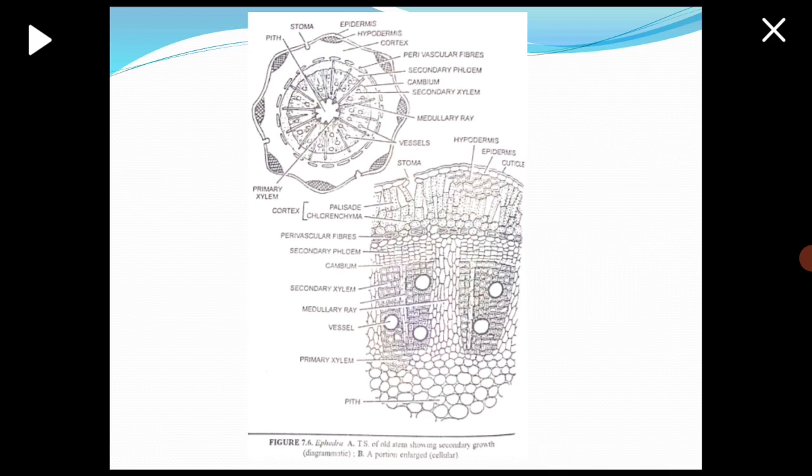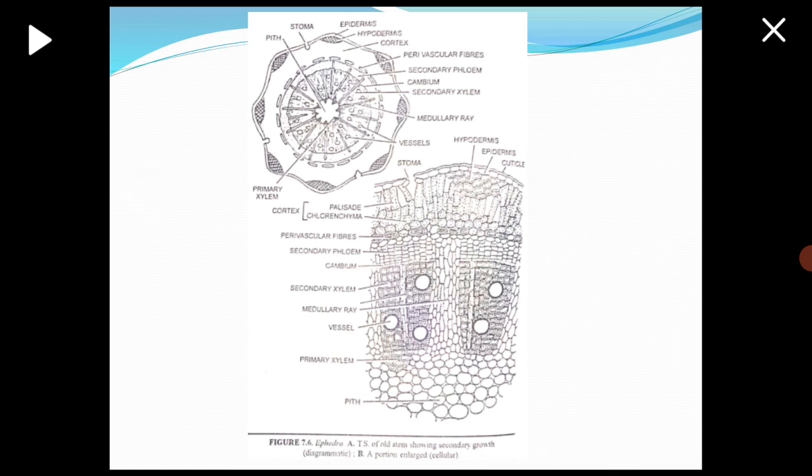The cork cambium or phellogen develops outside the secondary phloem during the third or fourth year of growth of the plant. It cuts cork cells towards the outer side and secondary cortex towards the inner side.